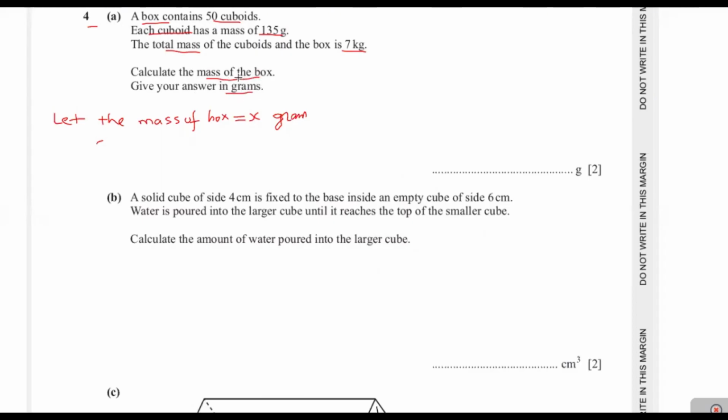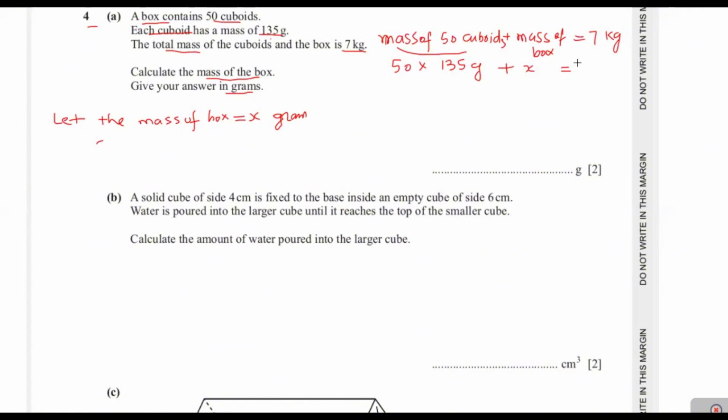To calculate the mass of the box, we will suppose that the mass of the box is equal to x gram. Look here, the total mass of cuboids and box is 7 kg. We can write the mass of 50 cuboids plus the mass of the box will be equal to 7 kg. 1 cuboid mass is 135 gram. Therefore, 50 cuboid mass will be 50 multiplied by 135 gram. And here the mass of the box is x gram and the total mass is 7 kg.